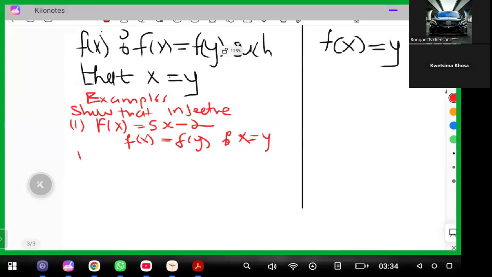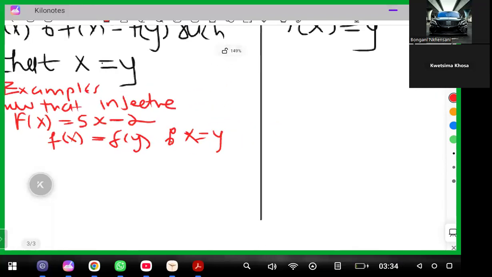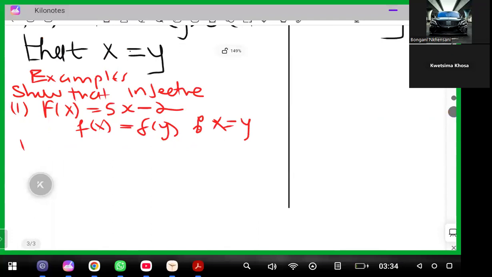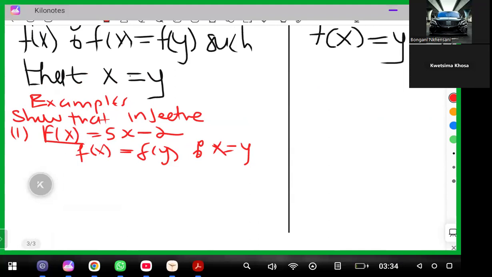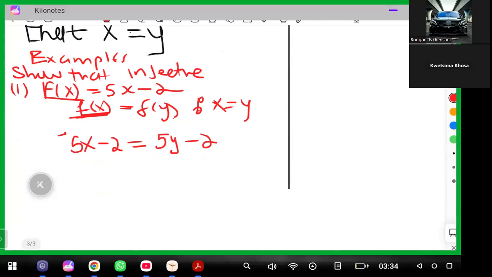Because this one is injective, we know that our f of x is already given. So for f of y, where there is x, we'll just put y and then we solve.